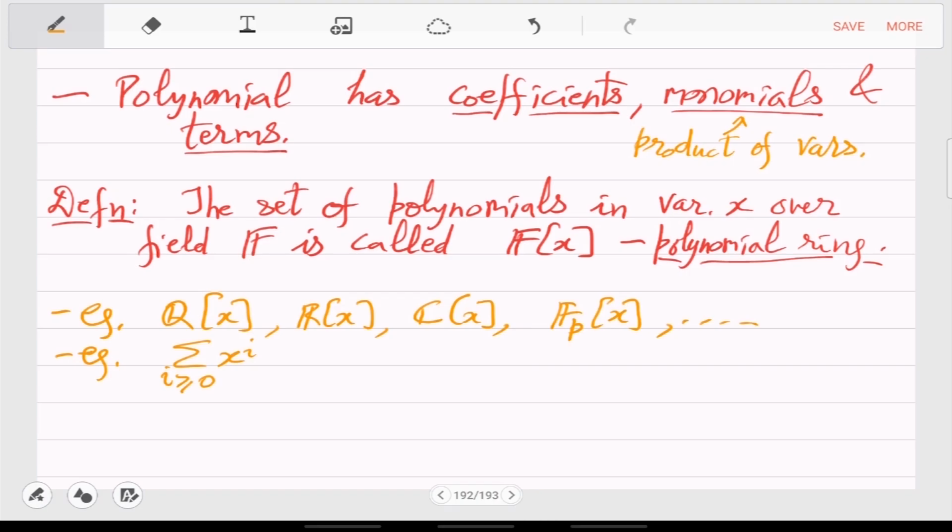In JEE, you are taught how to sum this, right? You get 1 over 1 minus x. But do those things make sense in Q[x]? There is no axiomatic basis for that. We have not given any axiom which can allow you to do that. So it is best not to do that. So this doesn't exist.